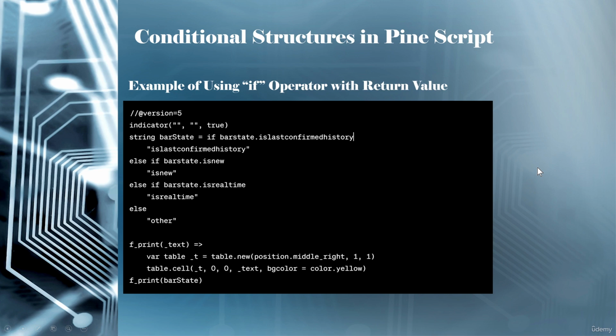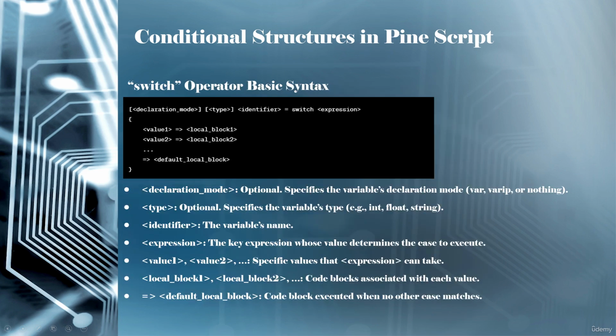So this is how the if operator works when we use it to return a value. Now I want to say that understanding the if operator is very important, and it's very important to know when you need to use the if operator with a returning value or not.